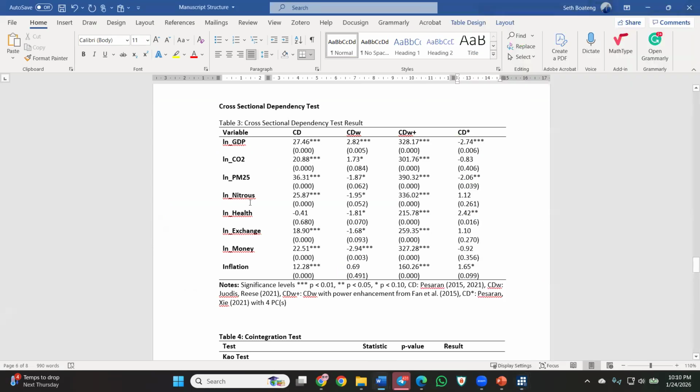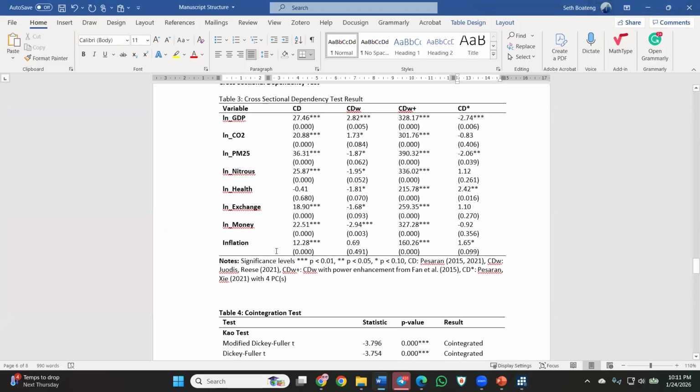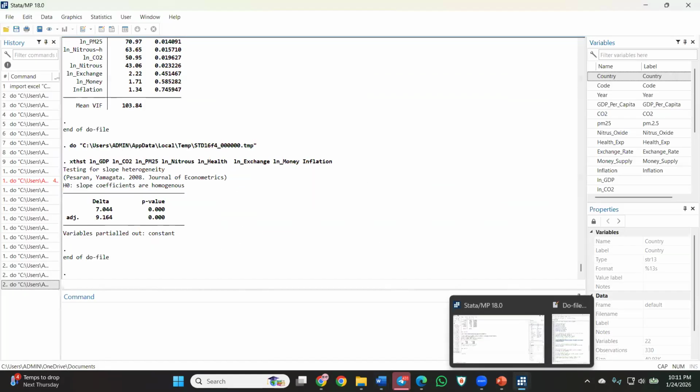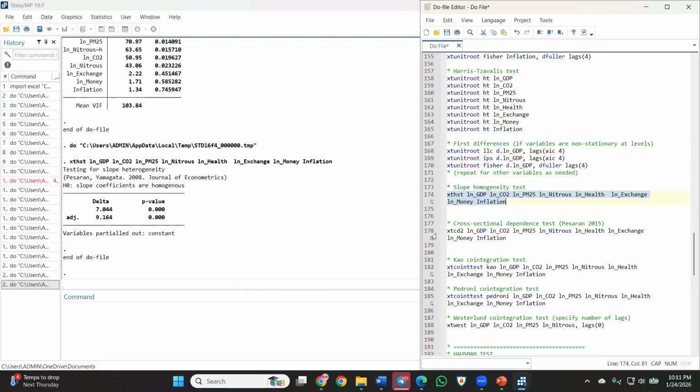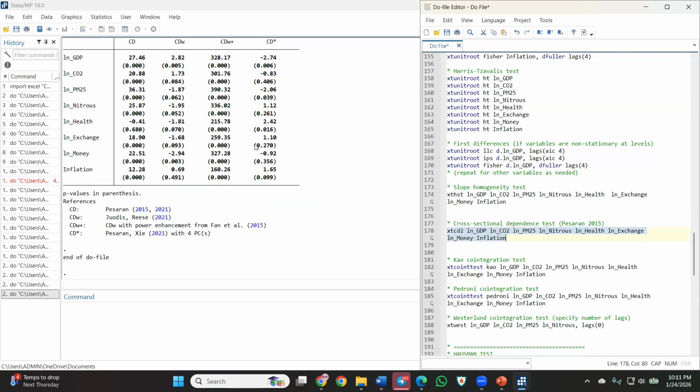And then we did the cross-sectional dependency test. I said we have a lot of tests. EViews has some, STATA, and even R, Python, and others. The STATA one we were using was Pesaran 2015. We use it to test for our cross-sectional dependency.